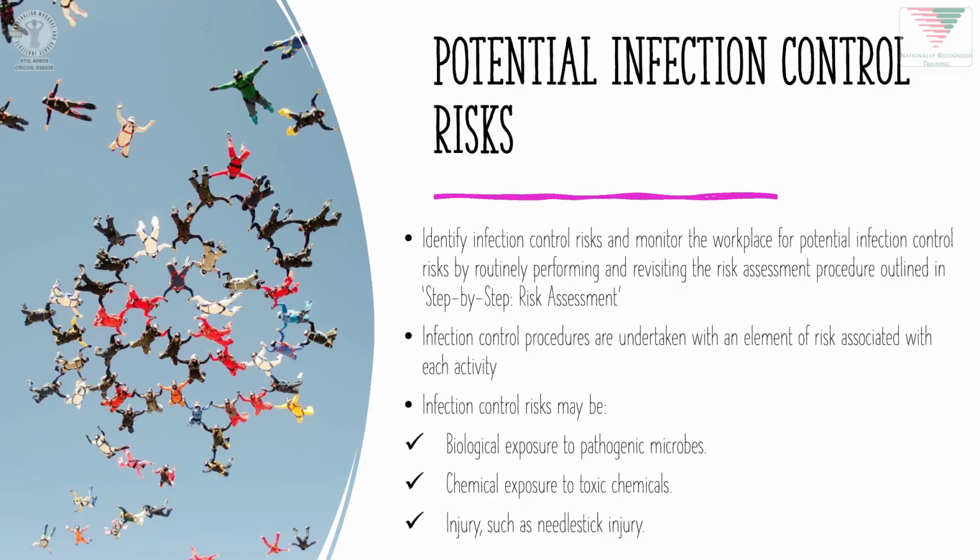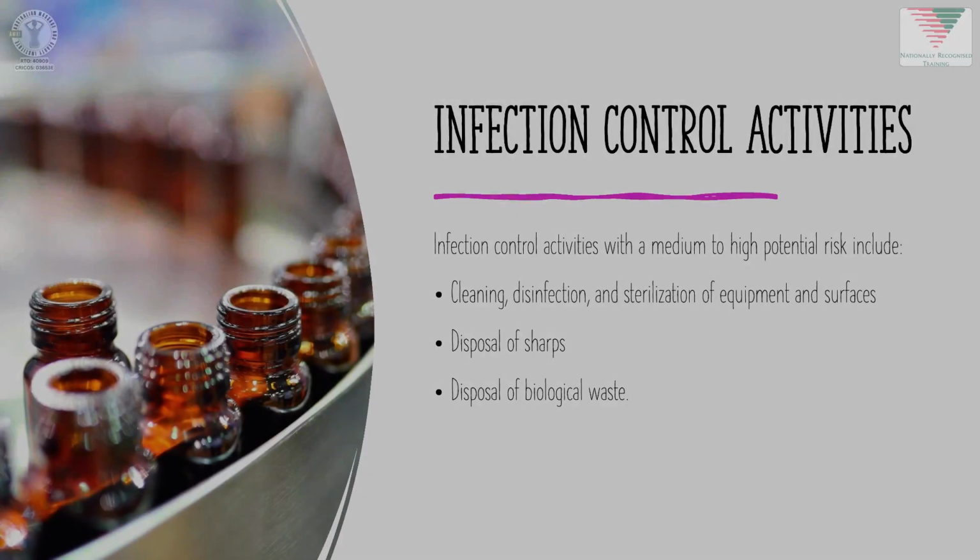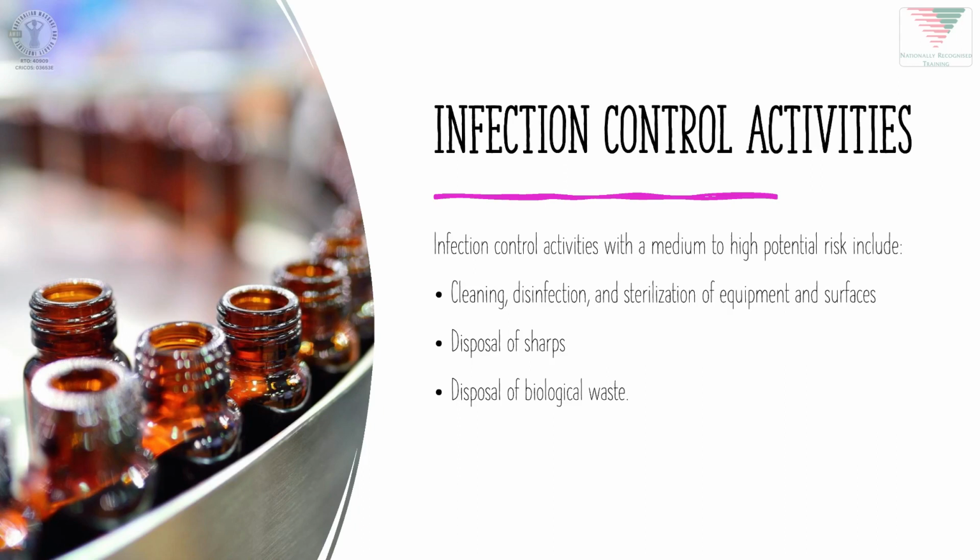Infection control risks may be biological exposure to pathogenic microbes, chemical exposure to toxic chemicals, or injury, such as needle stick injury. Infection control activities with a medium to high potential risk include cleaning, disinfection, and sterilization of equipment and surfaces, disposal of sharps, and disposal of biological waste.